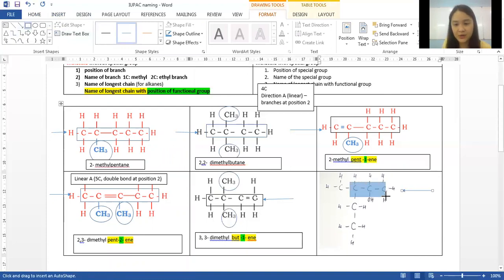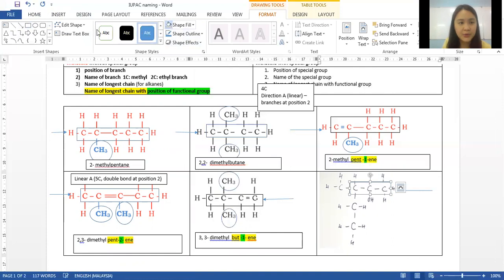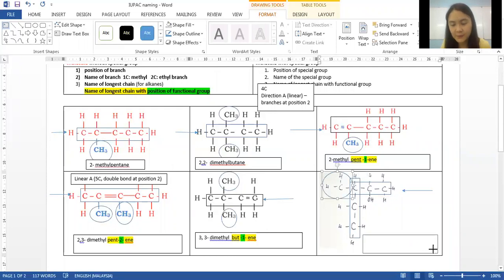Because if I do it in L shape, I will be able to get the most carbon, which is 5 carbon, right over here. So you have carbon 1, carbon 2, carbon 3, carbon 4, carbon 5. And again, whichever carbon is outside of the longest chain is your branch. So now let's name this molecule.